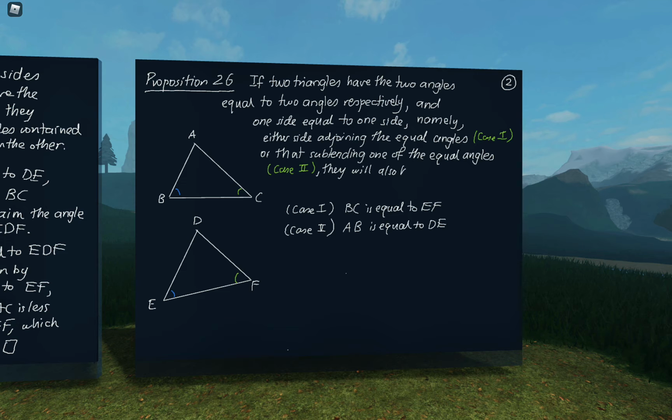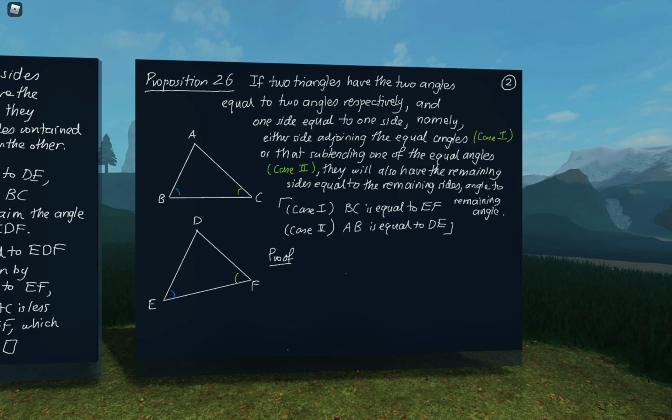They will also have the remaining sides equal to the remaining sides, and angle to the remaining angle. Okay, I guess I'll do the first case, Kenneth, and you can do the second. Sounds good. Okay.